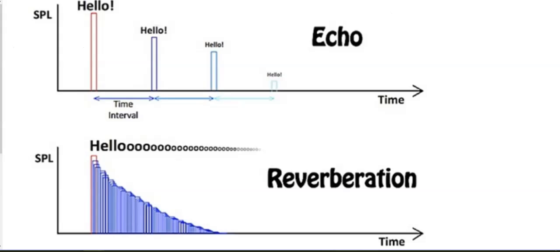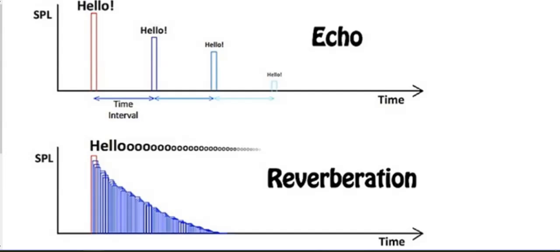Graphically, I found this just by doing a quick little Google search. The difference between an echo versus reverberation: an echo is clear and distinct. You say the original word, and the echo comes a little bit later, and it's typically a little less intense because it had to travel a lot further, and that piggybacks on our intensity lesson the other day, about the distance you are from the source and how it becomes quieter.